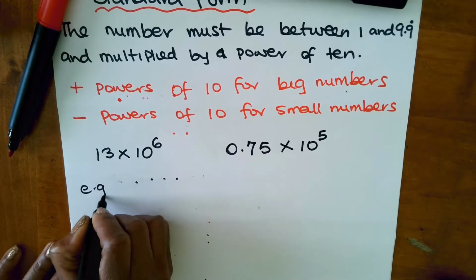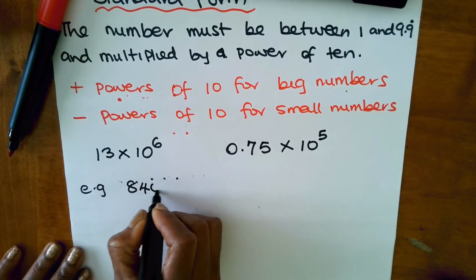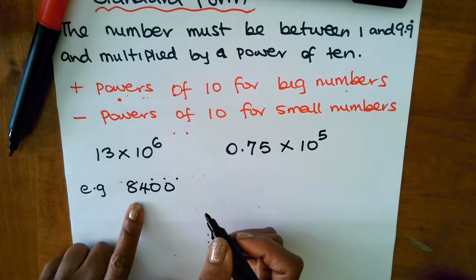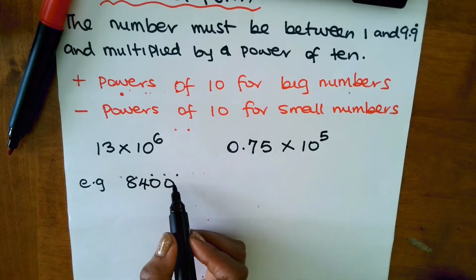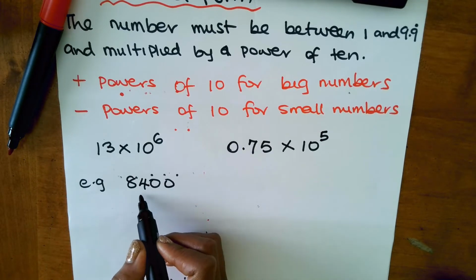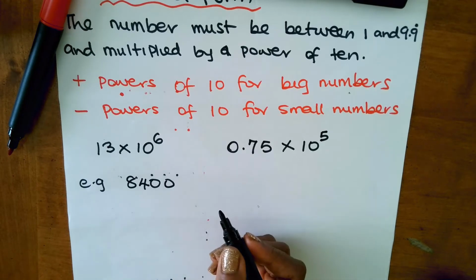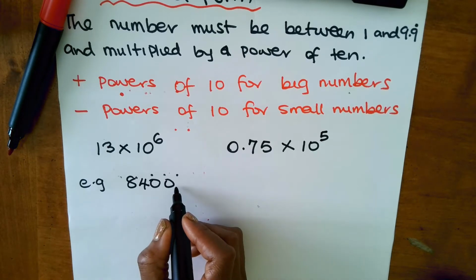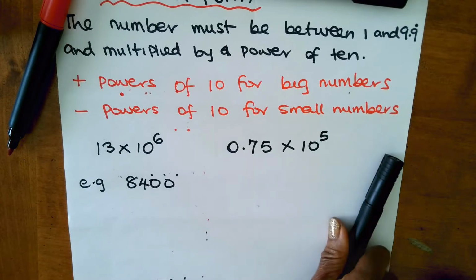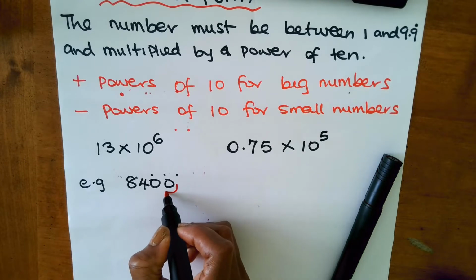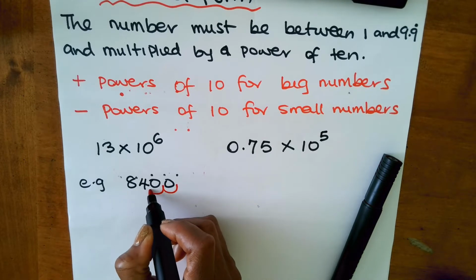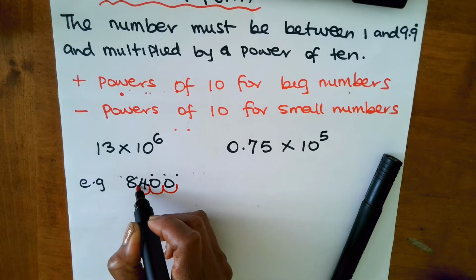So for example, we've got 8,400. I'm changing this to standard form. In order to change it to standard form, I'll have to count how many spaces, and that will be how I write my answer. Let's assume my decimal is at the end of the 0, so I will go backwards: 1, 2, 3.